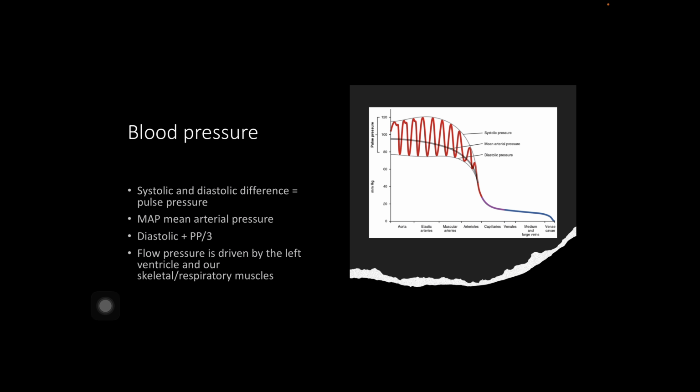So when we're talking about systolic and diastolic pressures, we're looking at the pressure during contraction of the ventricles, and then the relaxation of the ventricles. Mean arterial pressure is essentially diastolic plus the pulse pressure, which is the difference between the systolic and diastolic, divided by 3. That gives us an average, this little line here, of mean arterial pressure, and the pulse pressure is the difference between these two points.